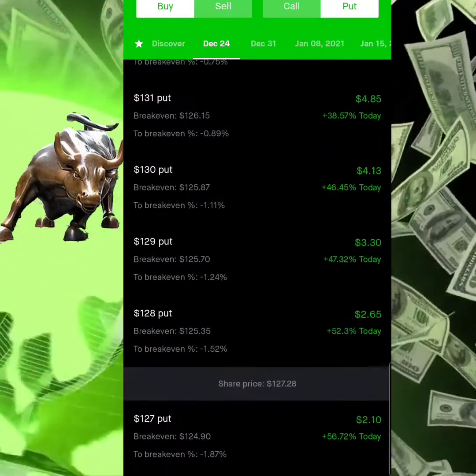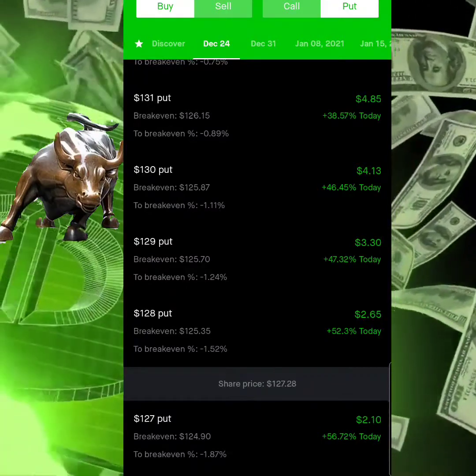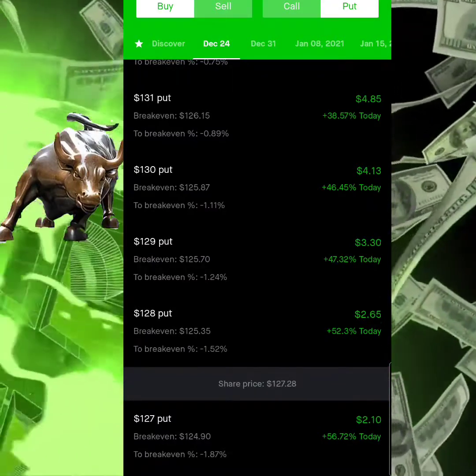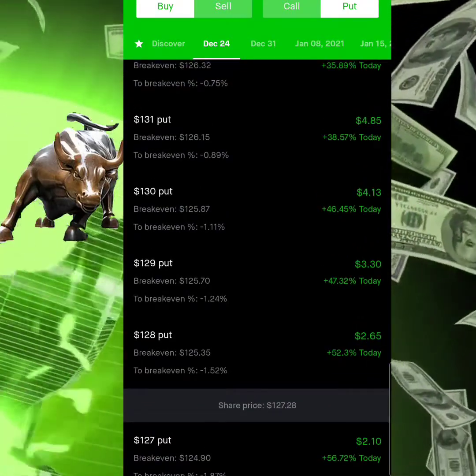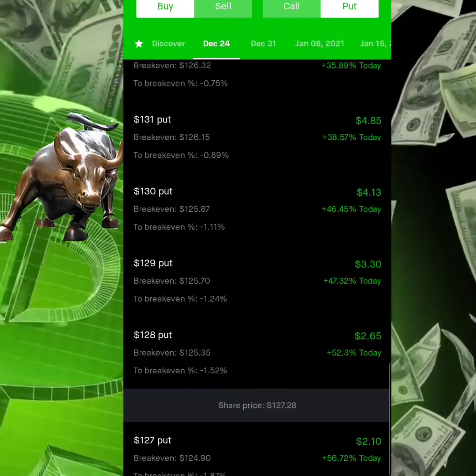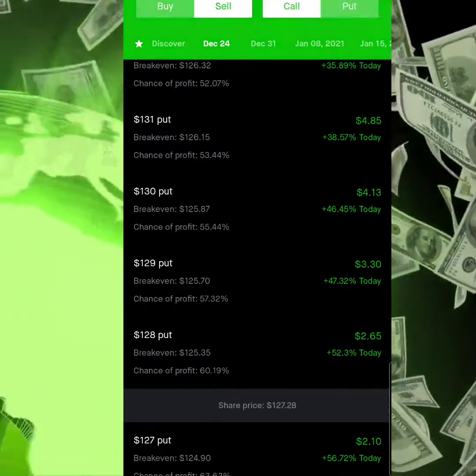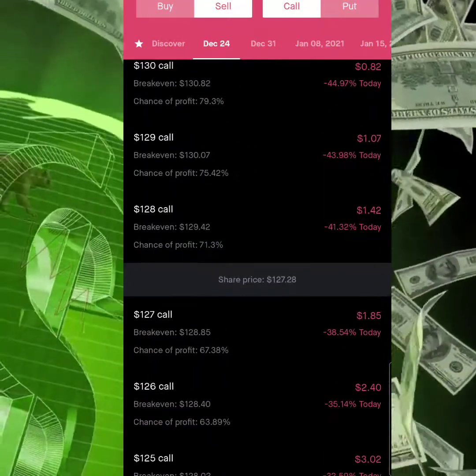But if you've done your technical analysis and your fundamental analysis, you ought to be pretty certain that that stock price is not going to reach the prices that you picked, okay? And at the end of the week, you just collect your money. Again, this is a bullish strategy.